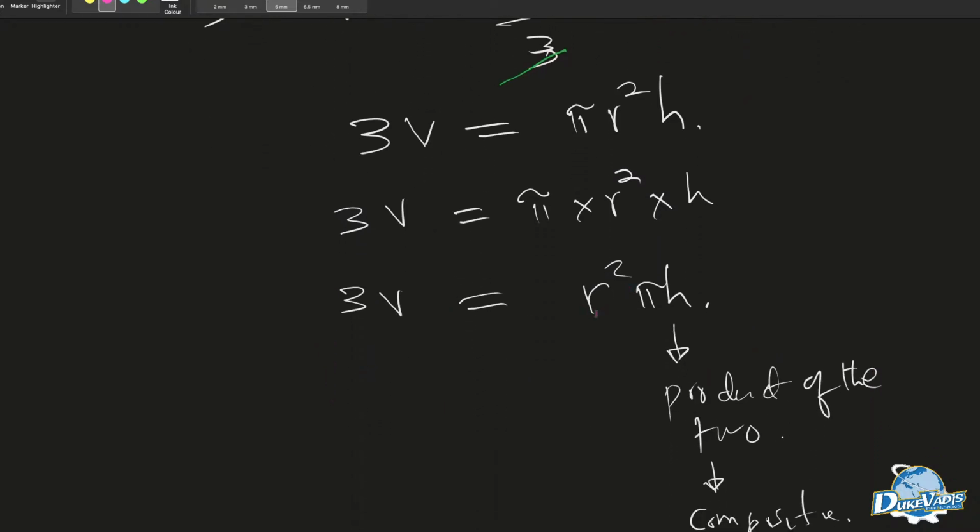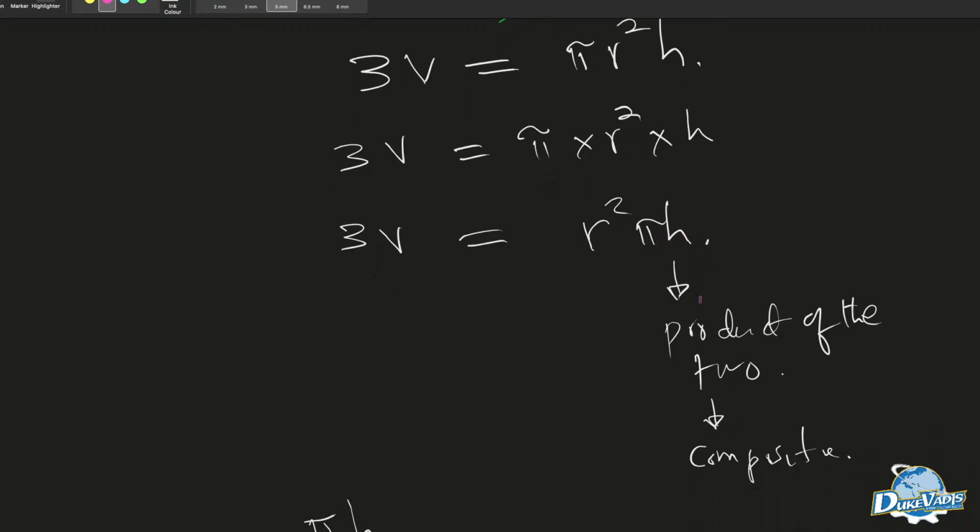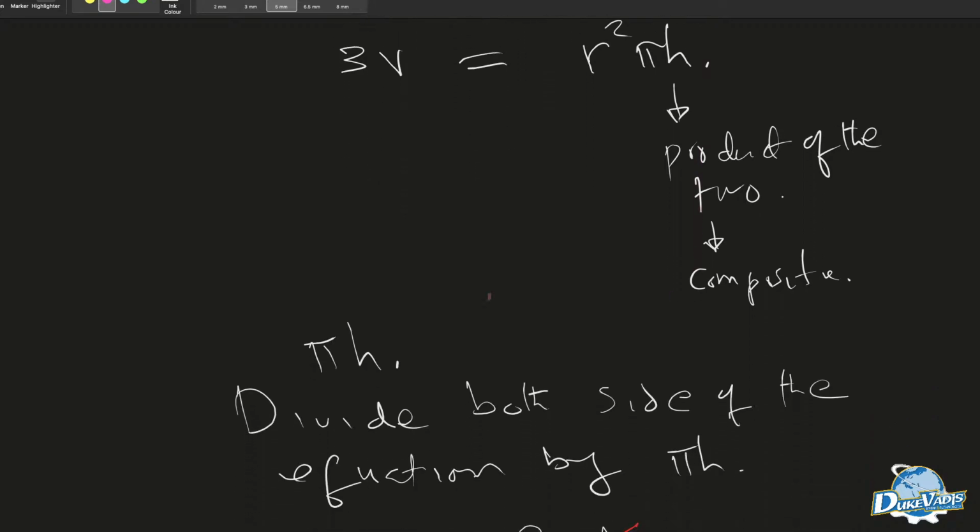The r squared, pi and h are a product of three different variables. So we say the product of the two, pi h, is a composite variable, meaning we will look at it as if it's one component. So we single that pi h out.